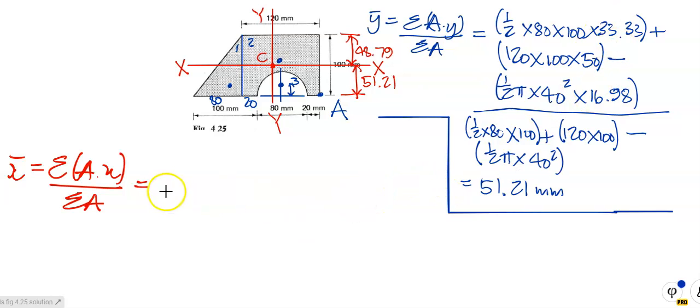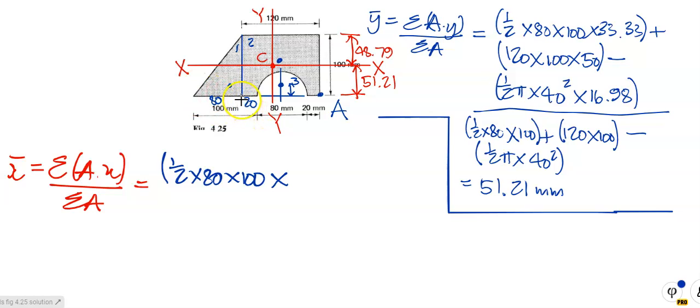Right, so the area of the triangle is half times 80 times 100. And of course, if you're doing this in the table, you'll do this but once only, times x. What's x? X is the horizontal distance from the point we take moments about to the centroid of that. Now from there to there is 1/3 of 80, so 80 over 3.